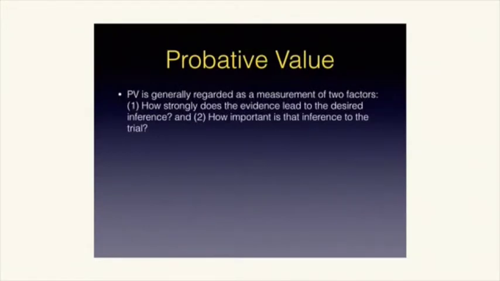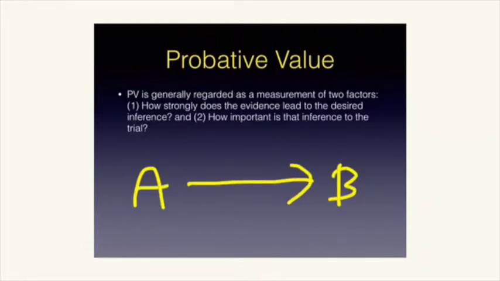A pretty helpful place to start, especially for those who are new. To be honest, if you're really new to this topic, I advise you go look at my capsule on probative value. But here's a brief summary. When you're measuring probative value, which is the key part of the admissibility calculus in evidence, you're generally looking at two things. How strongly does the evidence tendered, represented by A, lead to proposition B, the inference that you need to prove at trial?